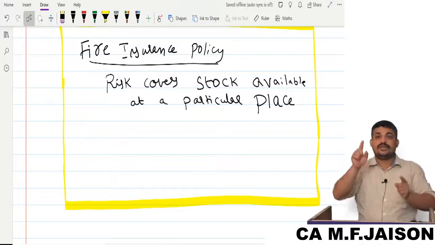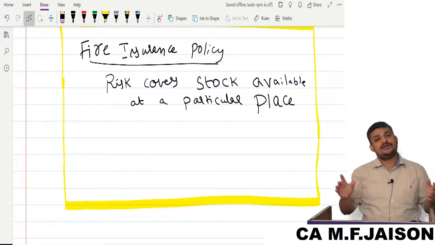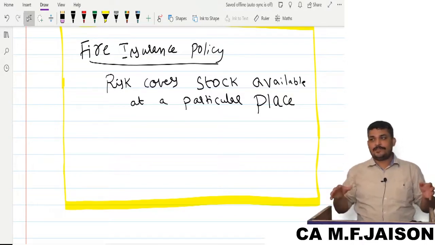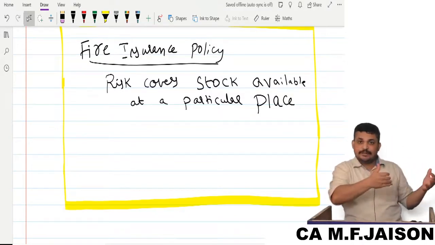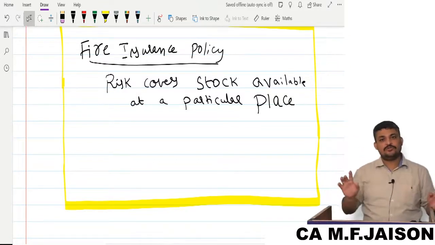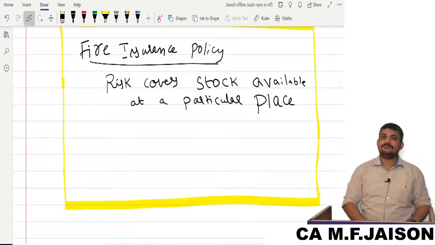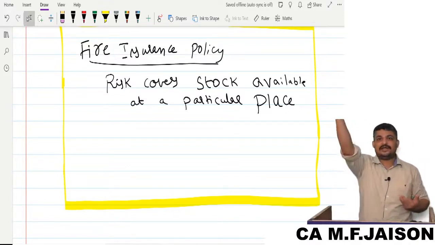So who is the owner? Seller or buyer? Is the purchase legally over or not? Yes, it is over. I am not applying the legal provisions here. I am saying that according to me, the purchase is over. I have already accounted for that as purchases. When I have accounted for that as purchase, it is my stock, not the seller's stock.